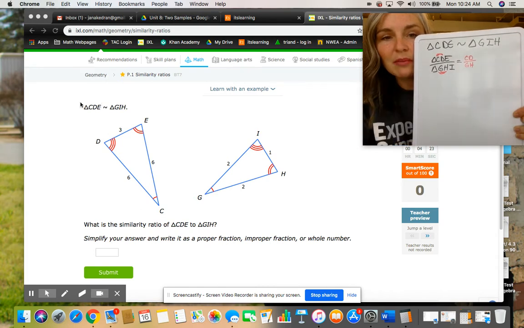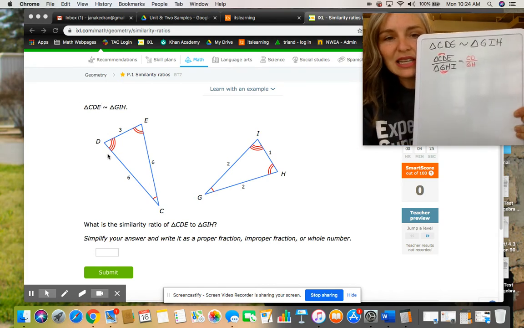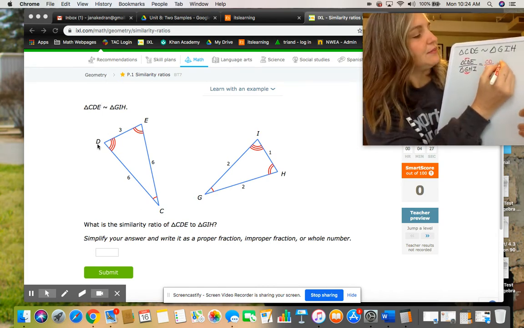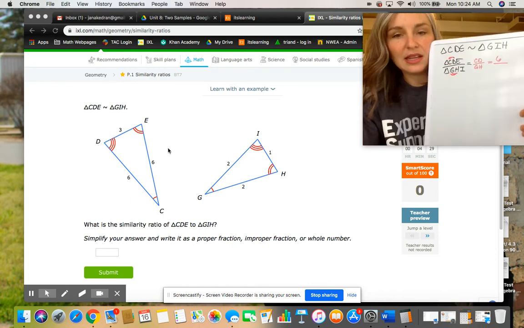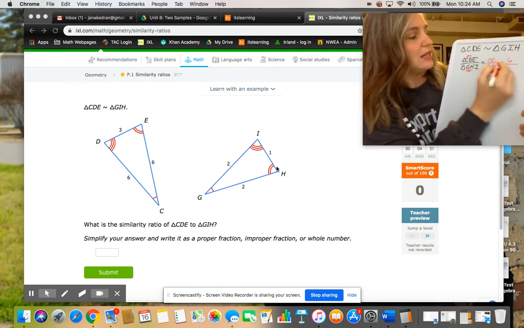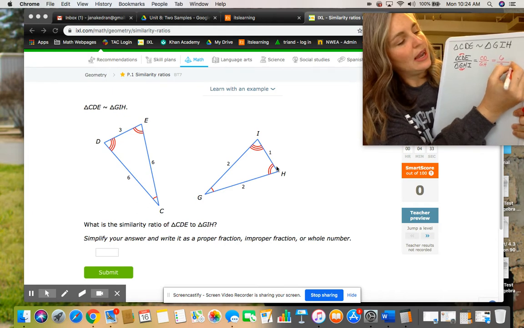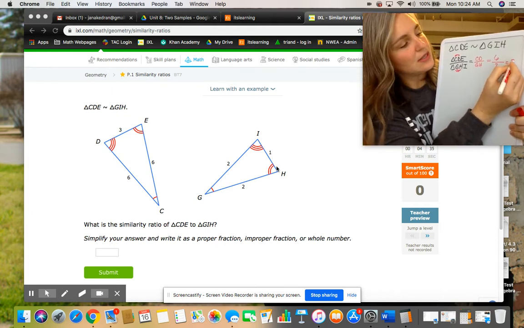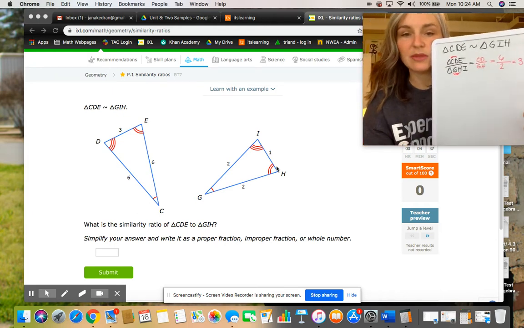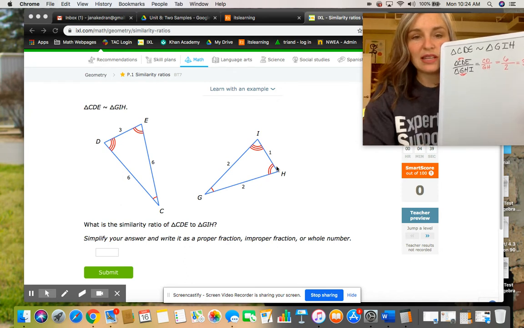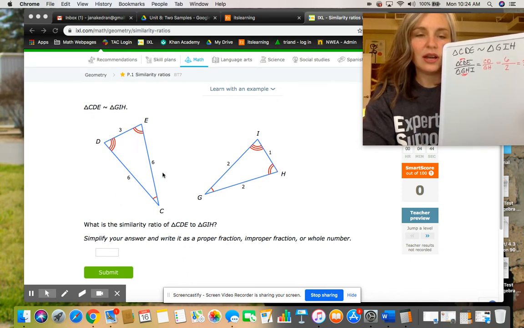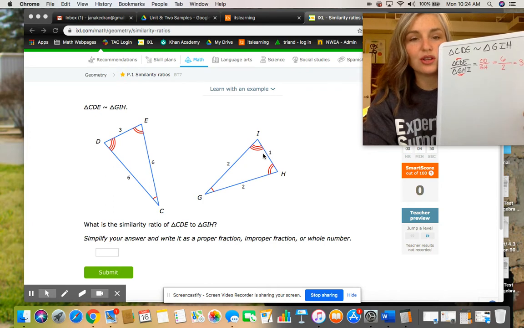So what I'm saying is if I could find CD over GH, then I could find my similarity ratio. Looking at my picture, CD here is 6, and GH is 2, and 6 divided by 2 is 3. So this would be my similarity ratio, which makes sense because if I take any value on CDE, I could say it's 3 times larger than on GIH, right?